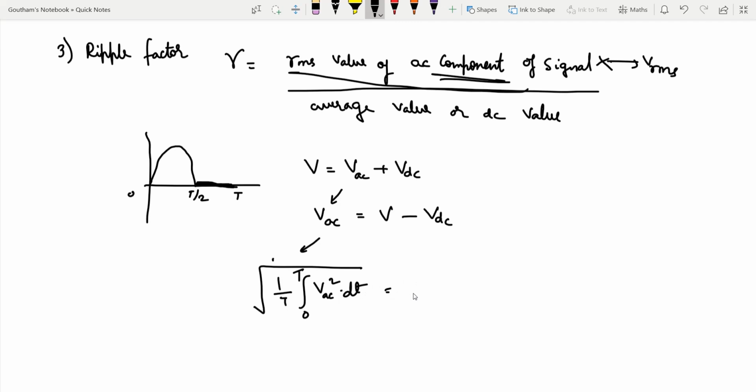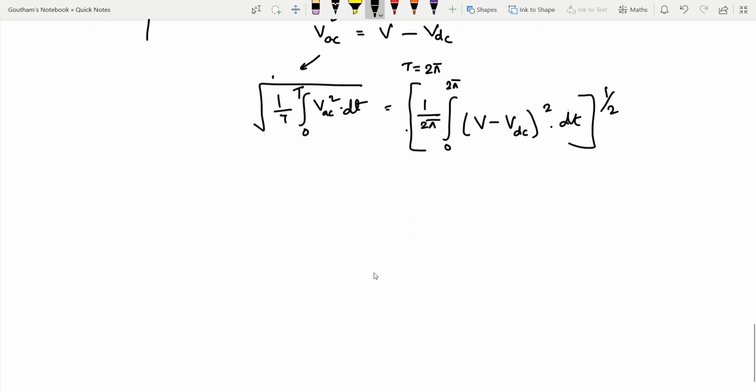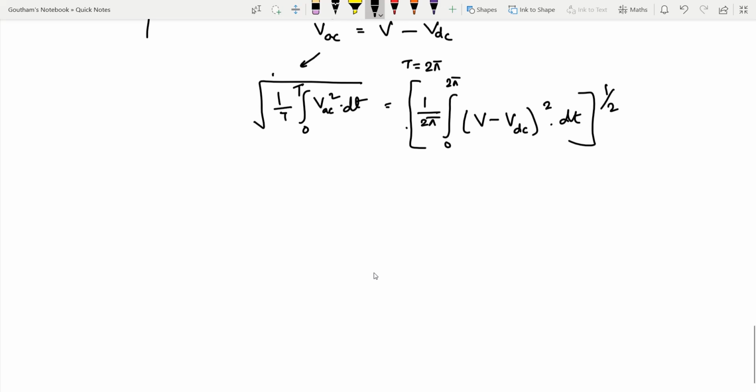Extending it to the right hand side and substituting T equal to 2 pi, that would result in 1 by 2 pi integral 0 to 2 pi of (V minus VDC) the whole square dt, and this entire thing is under root. Remember, this is root mean square value. Now I'll expand this.